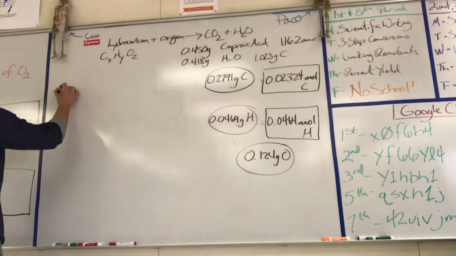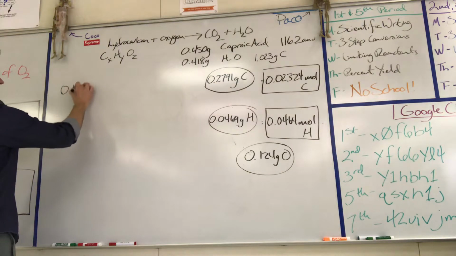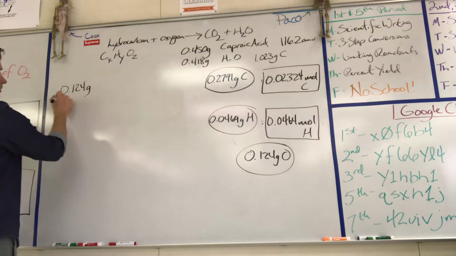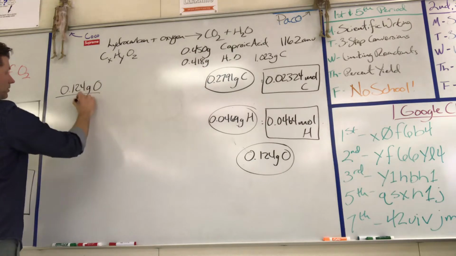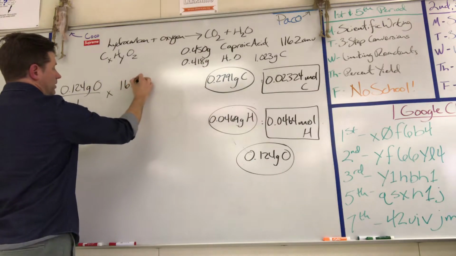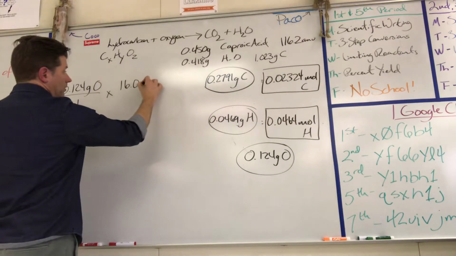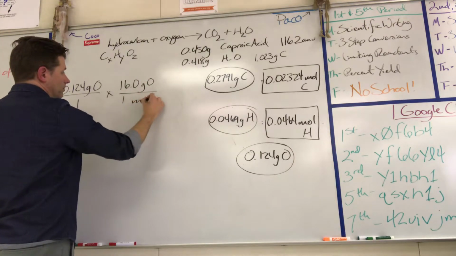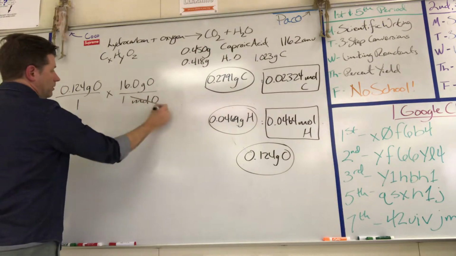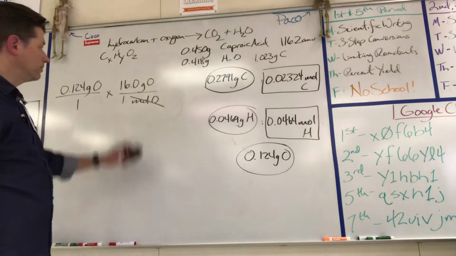All right. So I start off with 0.124 grams of oxygen. 16 grams of oxygen in 1 mole of oxygen. Cancel out that mole. Oh, I screwed up. What did I do?